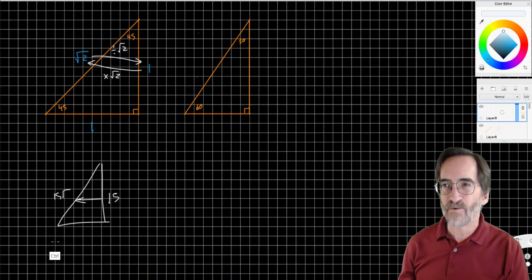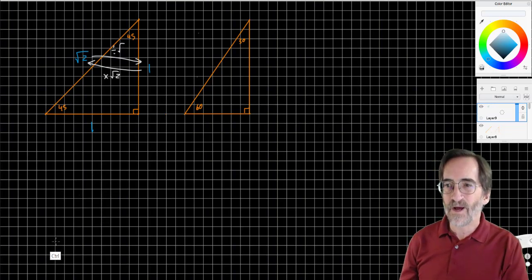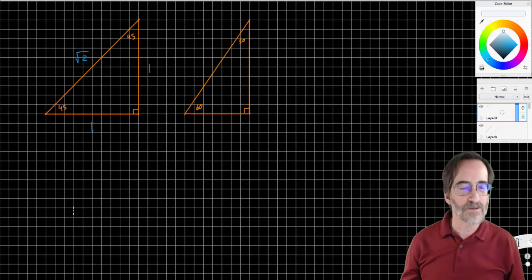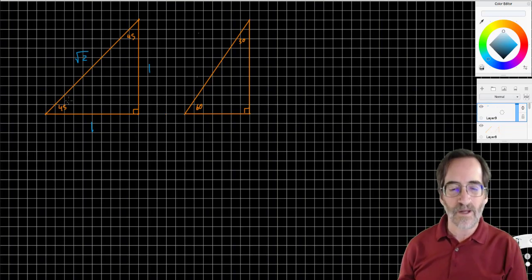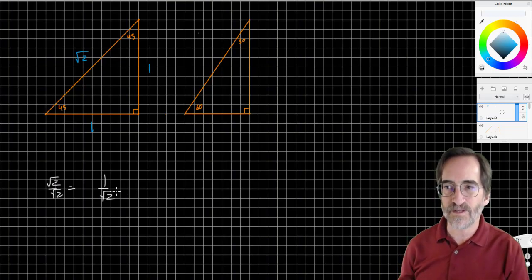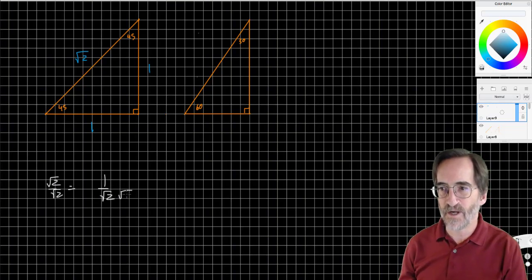Now, that is not typically the form that we have it in here in our class, because we're dealing with unit circles very often, and in unit circles, the hypotenuse is 1. So if I divide everything by √2, √2 divided by √2 is 1. 1 divided by √2 is irrational, so we need to rationalize the denominator.